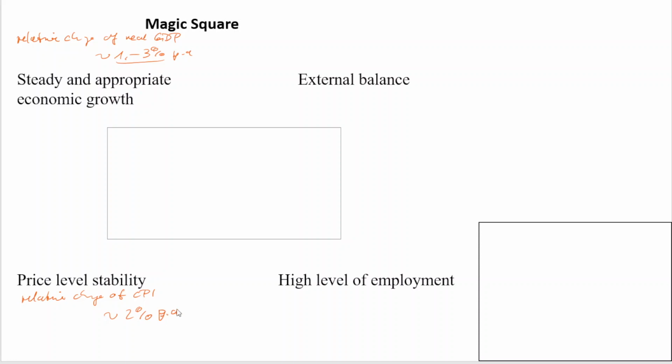High level of employment, unemployment rate, roughly 2 to 4%. These are all values for Germany. If you go to China, of course, you would have to have other targets, or to the United States.